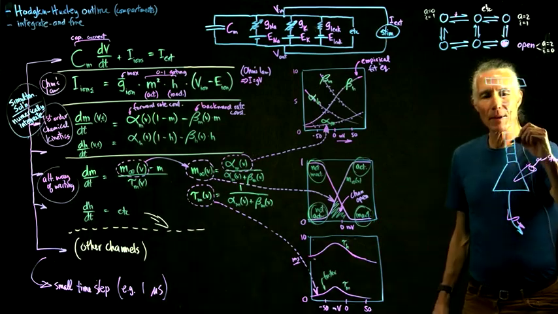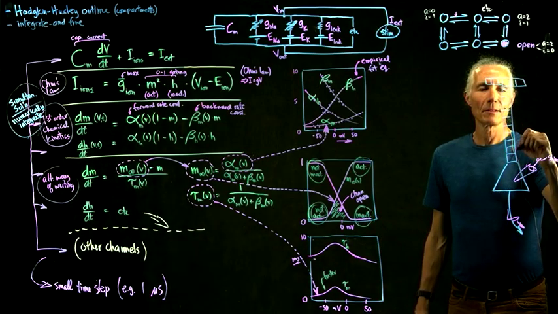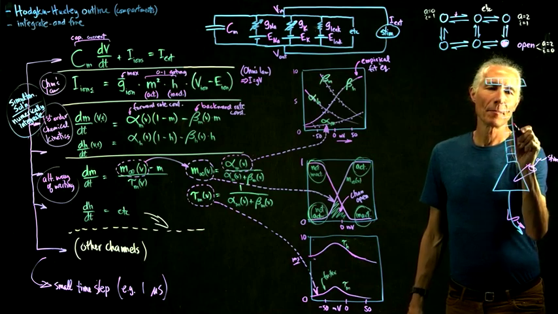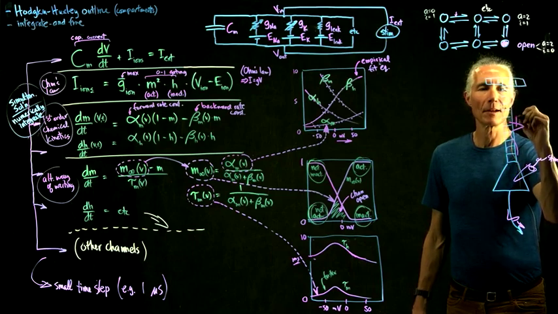But you'll also see a spike heading up the dendrite, going that way.